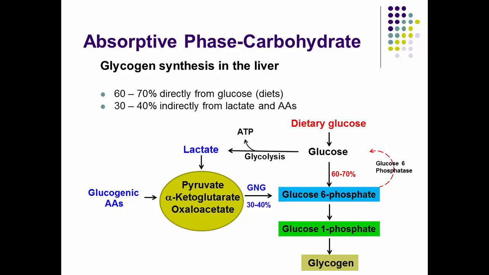And this glucose 6-phosphate will not be converted to glucose and released, because in the fed condition the glucose 6-phosphatase activity is very low. That's the reason why the majority of the glucose 6-phosphate will go to glycogen synthesis in the fed condition.